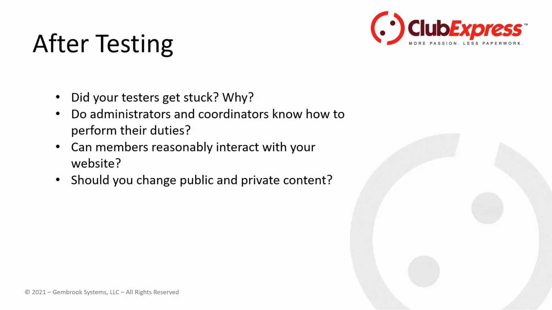So think about keeping track of what you're asking your users to test, because those are likely the things that you expect your members are going to want to do pretty much as soon as your site goes live. So create a roadmap for your users. For admins and coordinators, that might mean walking them through site functions, signing up for training, directing them to help instructions. For members, it might mean something as quick as editing your welcome email. And we'll talk about your welcome email shortly.